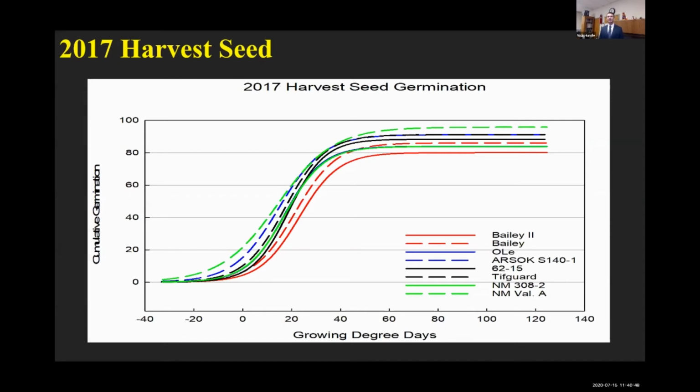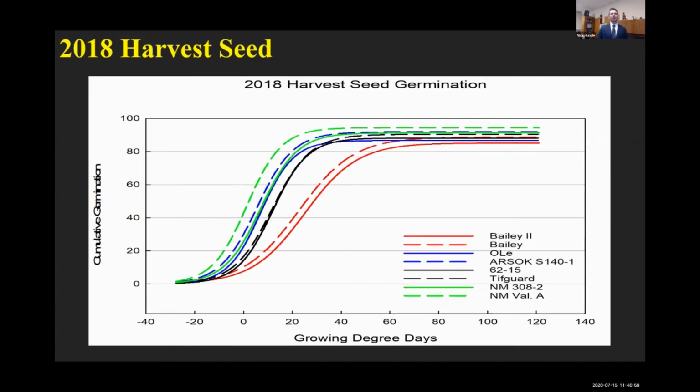In 2017, this graph indicates to us that all parent lines for all cultivars reached 80% germination faster than their near-isogenic lines. This was also noted in 2018, in which the parent lines all reached 80% germination faster than the near-isogenic lines, except for the runners, which were nearly the same.